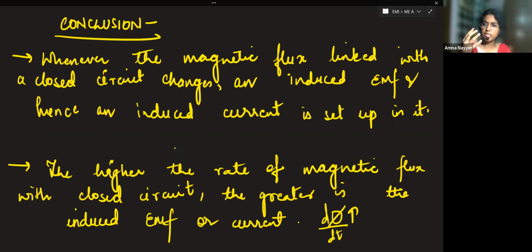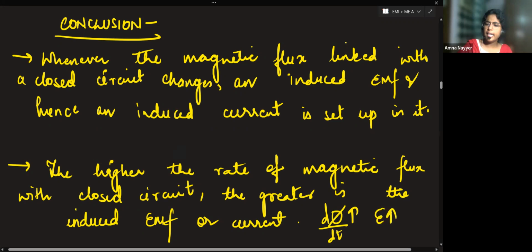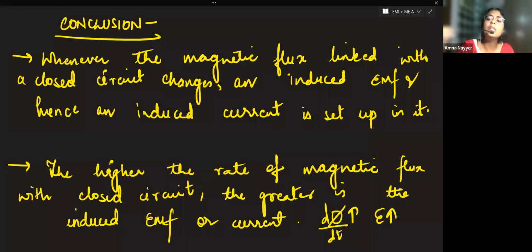Whatever magnetic flux is changing with respect to time, rate means this only, anything that is getting divided by time. So if the rate is higher, higher is the induced EMF. It means if the rate of magnetic flux is lower, then lesser the induced EMF.